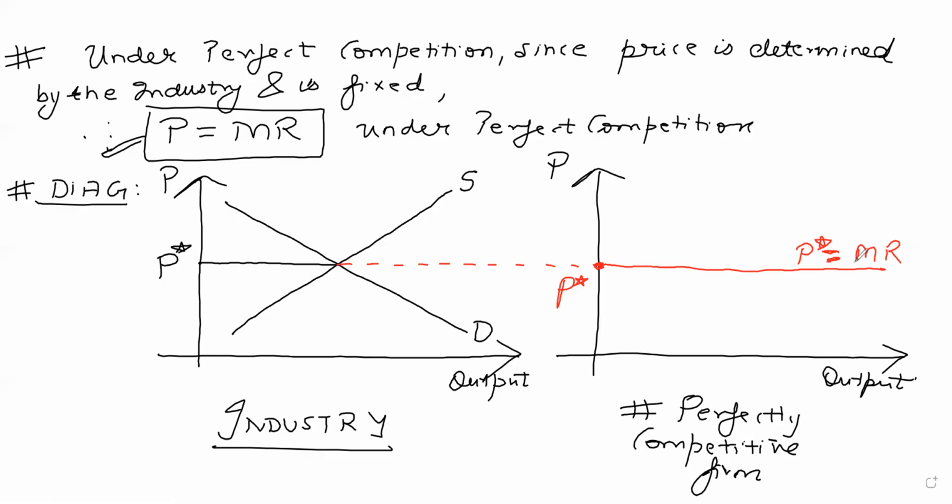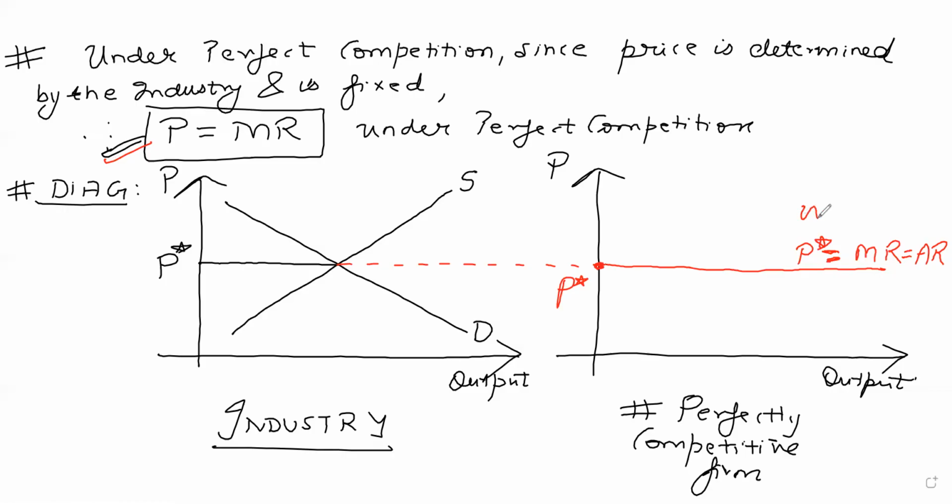And all of us know, guys, P star is equal to marginal revenue. And we have just done that price is nothing but the average revenue as well. So I can write it's equal to average revenue as well, because we have just done a few minutes back that price is nothing but average revenue. Now under perfect competition, price is equal to marginal revenue, and price by definition is equal to average revenue.